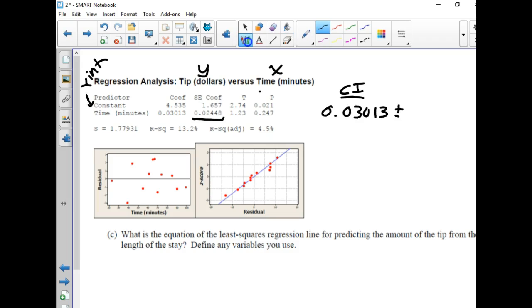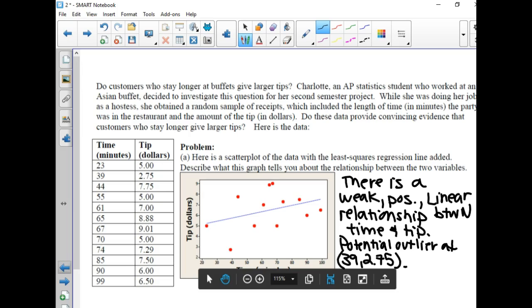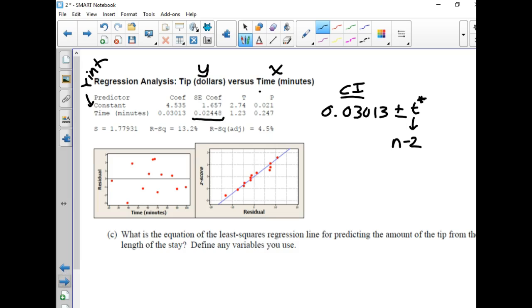0.03013 plus or minus the T star for what degrees of freedom? Remember? N minus 2. So we have to go back and say, well, what's N? That's how many pairs we have: 1, 2, 3, 4, 5, 6, 7, 8, 9, 10, 11, 12. And I think she says that in her problem too.